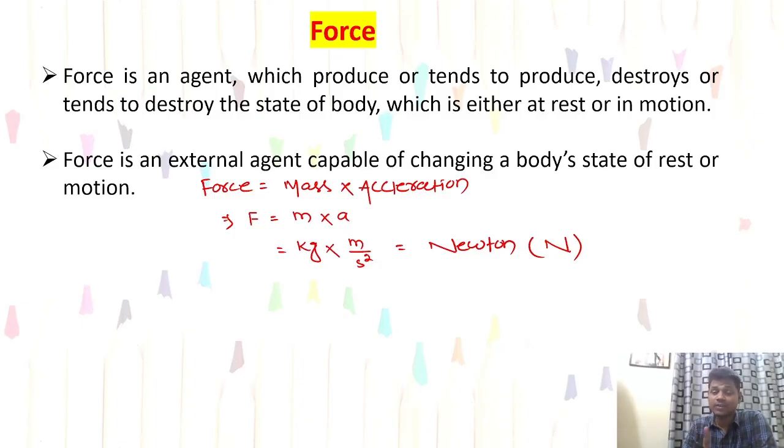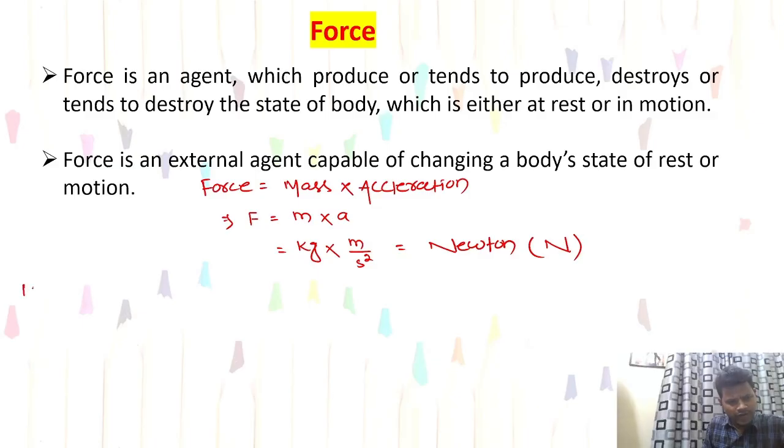And what is this unit? This unit is the SI unit. Very important. This is the SI unit, because we have represented the force in kg, meter and second square. If I show the force in gram, centimeter and second square, then it is converted into the CGS unit. Let me convert.